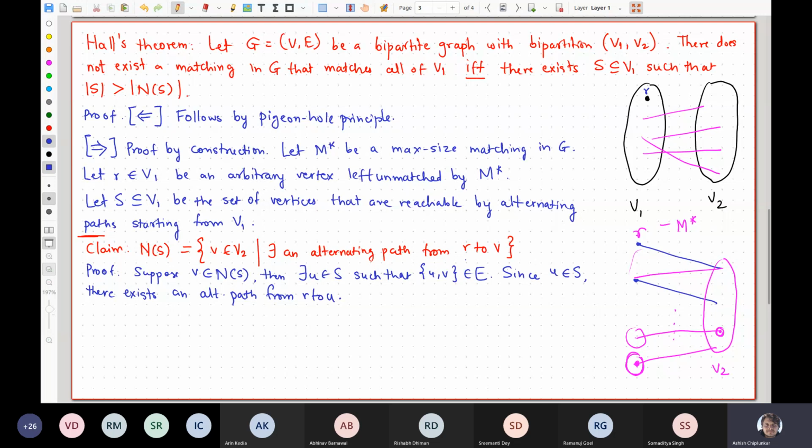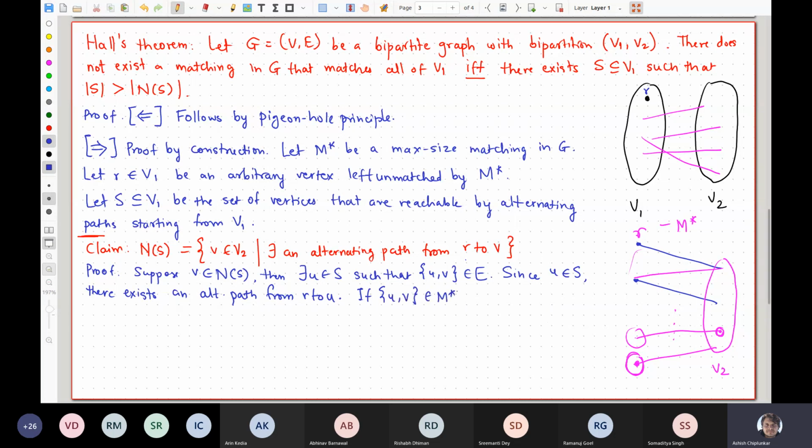What are we trying to prove? If V is in NS, I'm trying to prove that there exists an alternating path from R to V. And conversely, I'll prove that if there exists an alternating path from R to V, then V must be in NS. Now if UV is an edge, there are two possibilities.